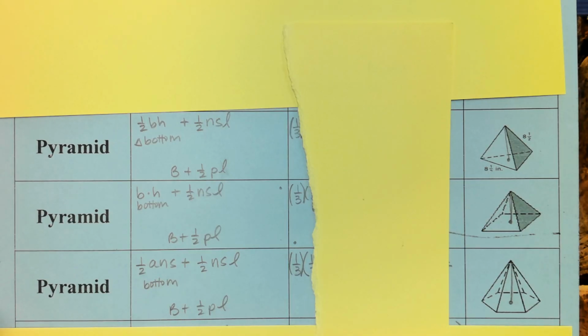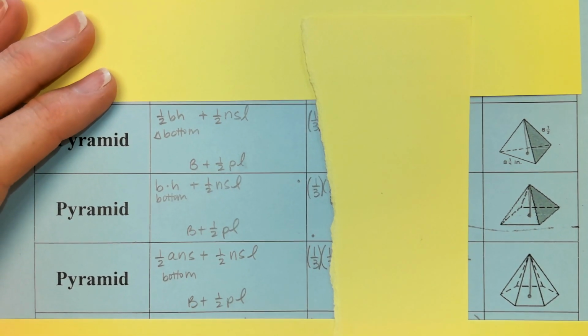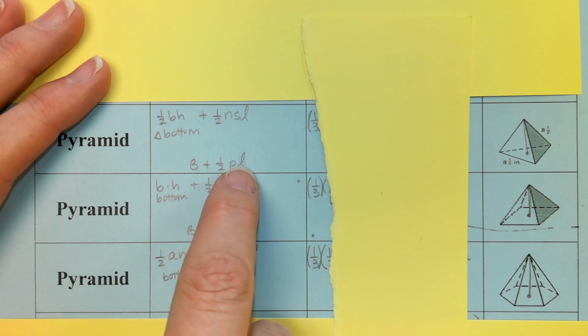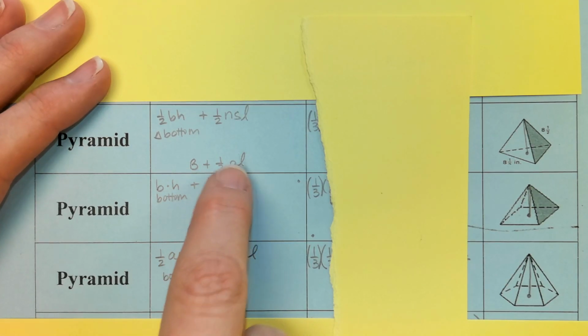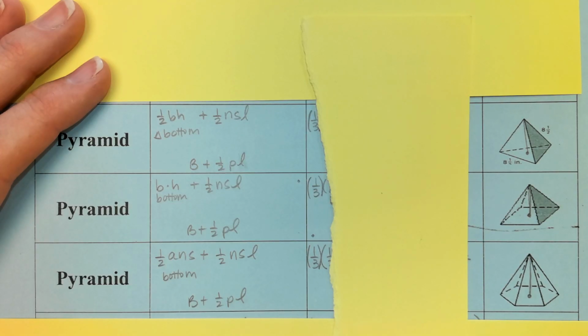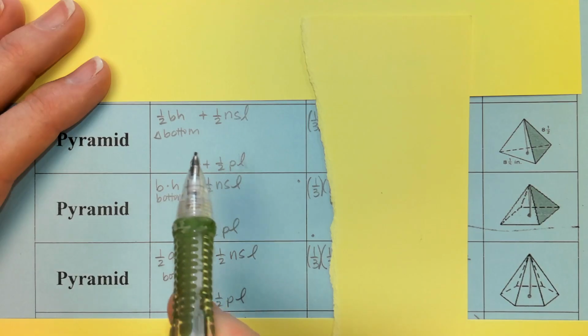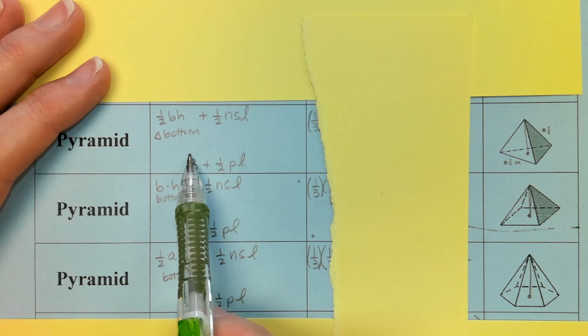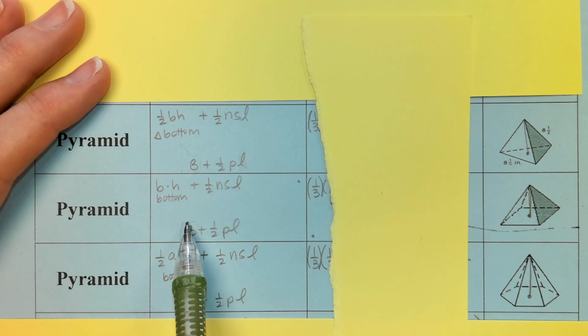Let me just do this just so we stay focused. Okay, so all of our pyramid formulas are actually the same, kind of like our prisms. They have a capital B, which is area of the base, the bottom, and then 1/2 PL. So 1/2 the perimeter times the slant height. That's that height we just talked about. It kind of goes along the outside of the picture. To separate these into the three different kinds, I'm just going to be replacing the B with its actual base formula.